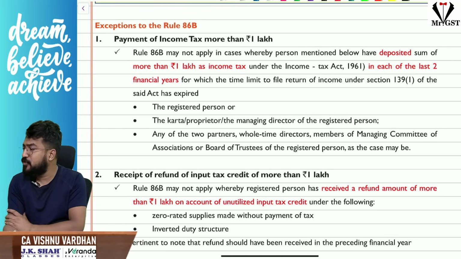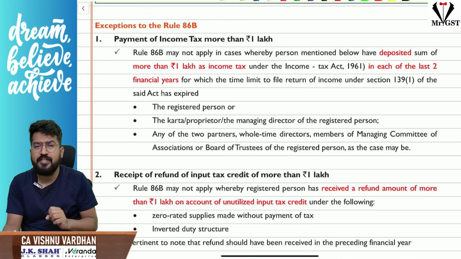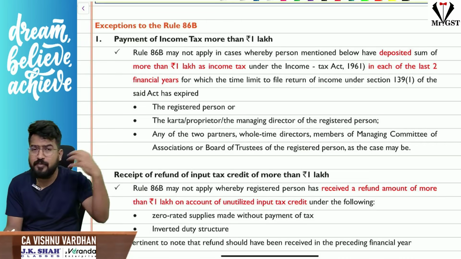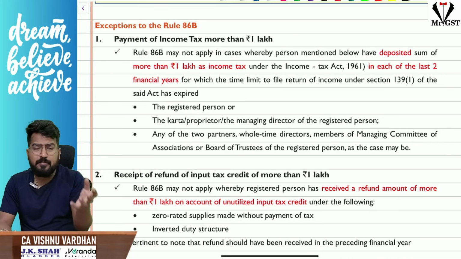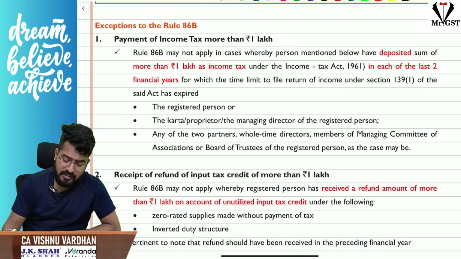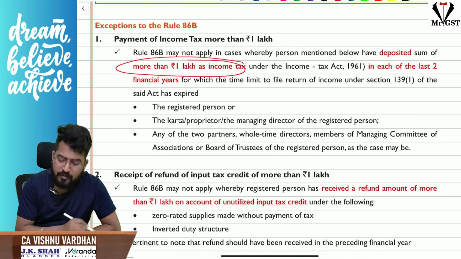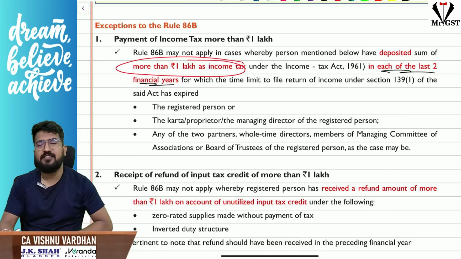You need not follow rule 86B when, suppose you are an individual, the sole proprietor, partnership the partners, HUF the karta, company the director, AOP BOI the members, trust the board of trustees, and these people have paid their personal income tax liability of more than 1 lakh in each of the last 2 financial years for which the due date is over.